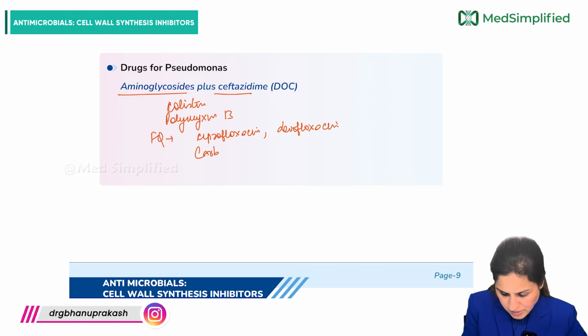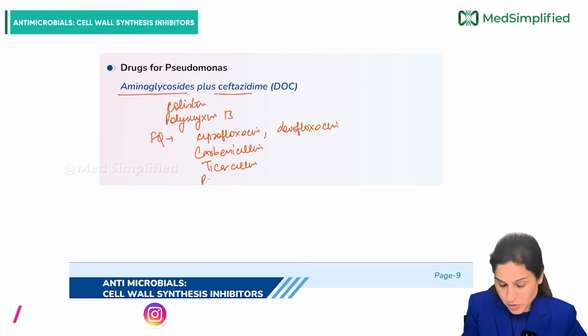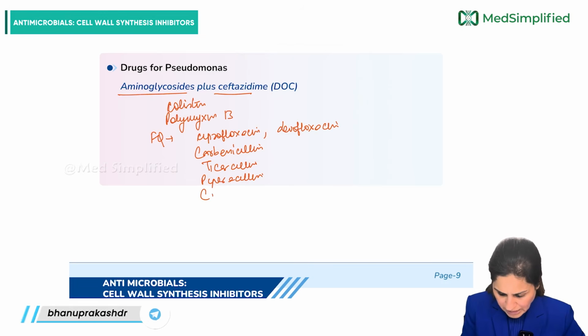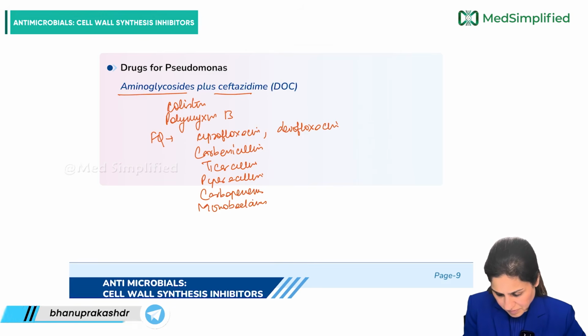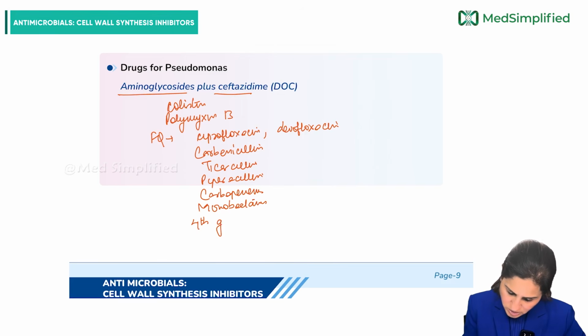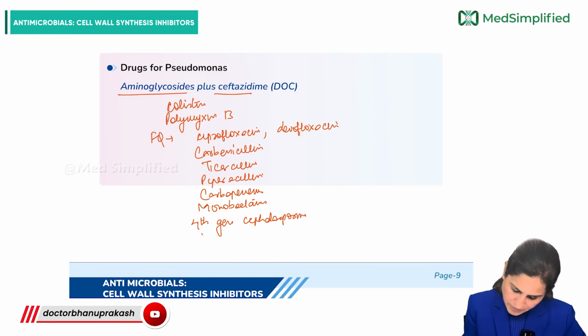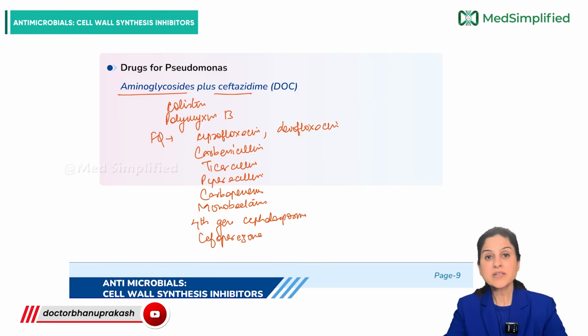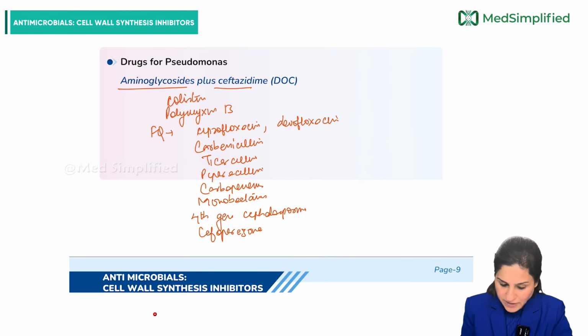Then we can use carbenicillin, ticarcillin, piperacillin. Then we can use carbapenems, monobactams, fourth generation cephalosporins, and cefoperazone. So these are the drugs which can be used for treatment of pseudomonal infections.